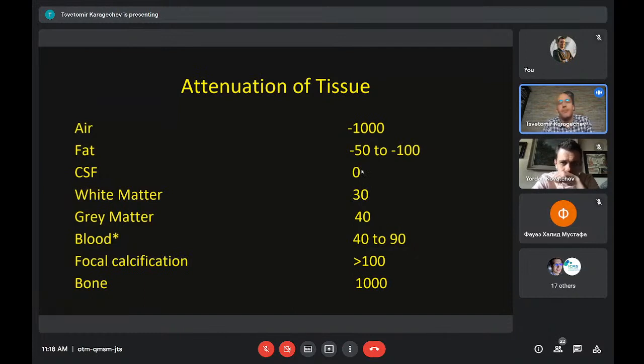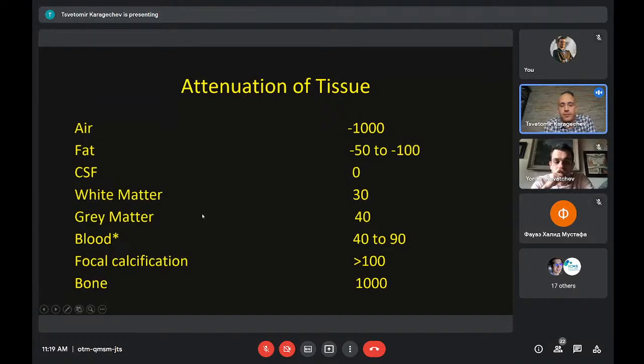It's like -10 to +10. But what's important is that it's in the middle of the spectrum, between -1000 and +1000. So this, as a shade of gray, will look like an intermediate shade of gray.